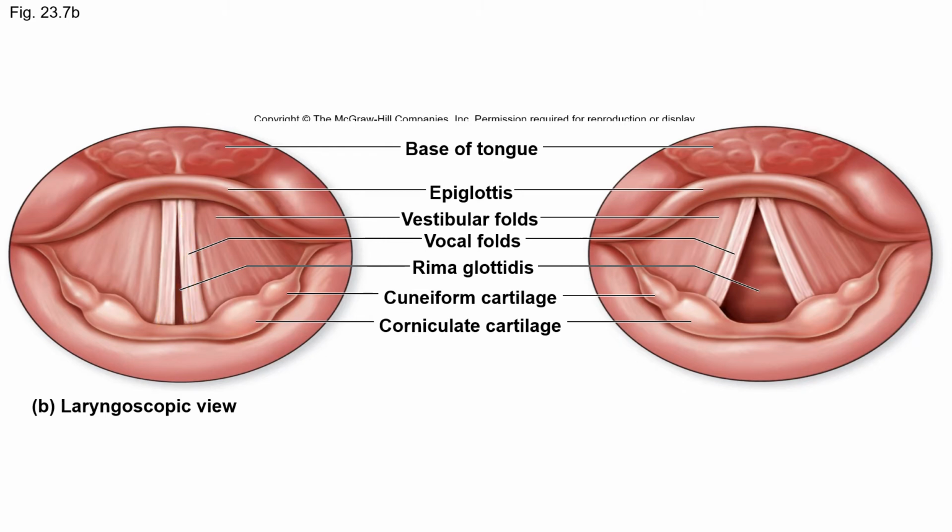When they're spread apart like this, air can travel through the glottis and not vibrate the vocal cords. Also, exactly how tight your vocal cords are being held at the moment determines the pitch of your voice.